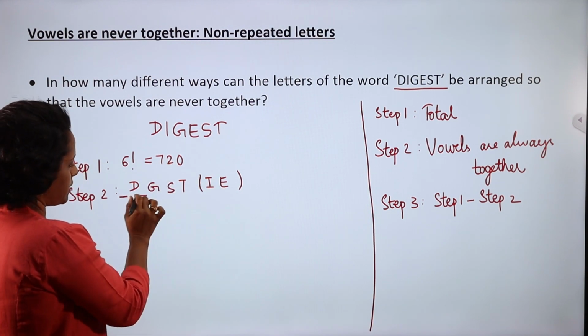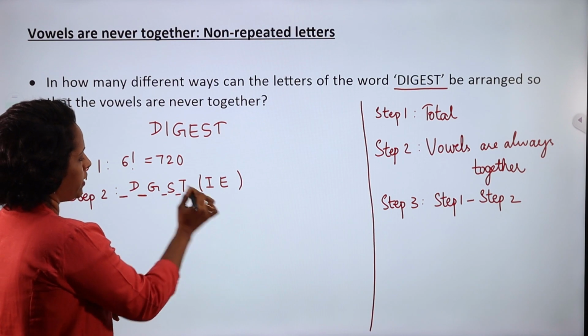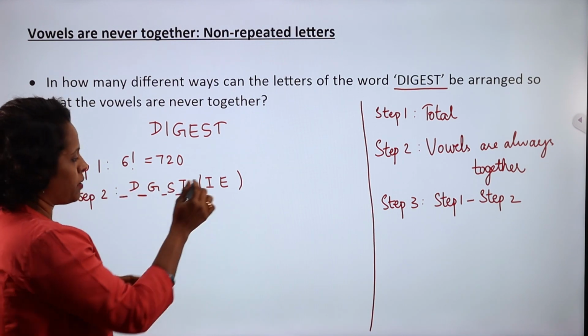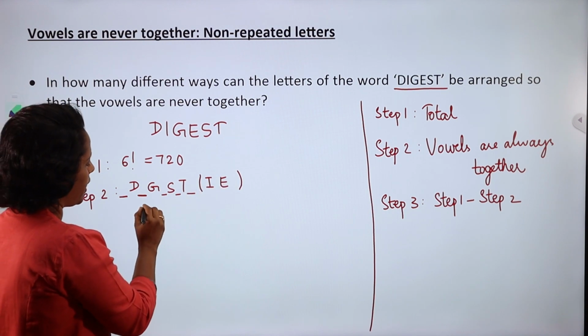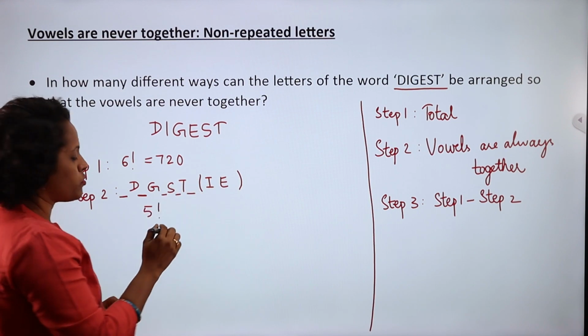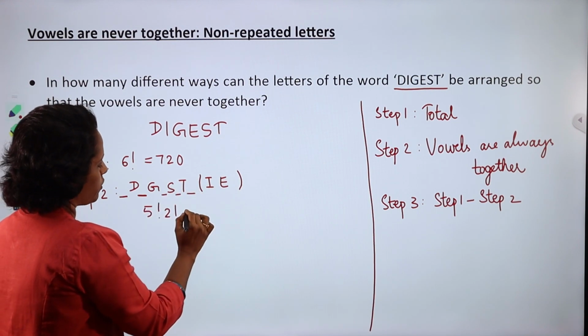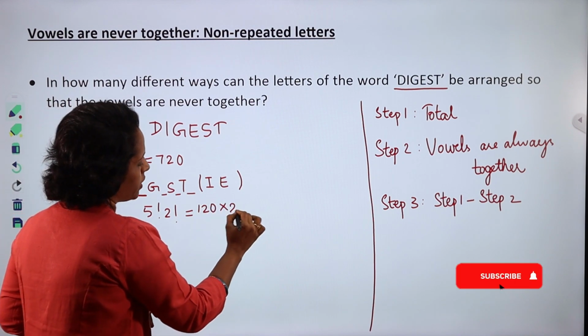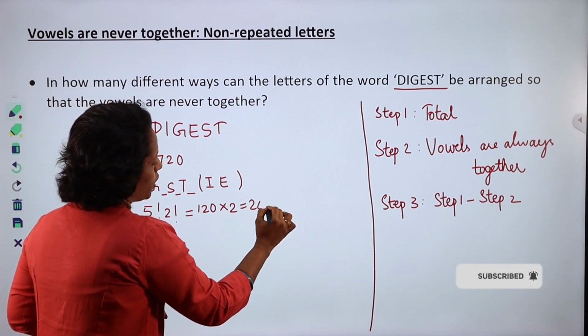They can take the places here, here, here, here or here. So, how many places? 1, 2, 3, 4, 5. In any of the 5 places, this set can come. That can be done in 5 factorial ways. Now, these two can be arranged within themselves in 2 factorial ways, which will be 5 factorial is 120, 2 factorial is 2, which is 240.